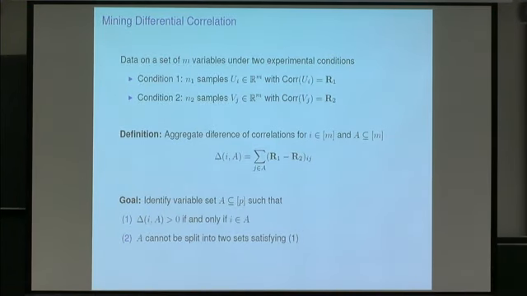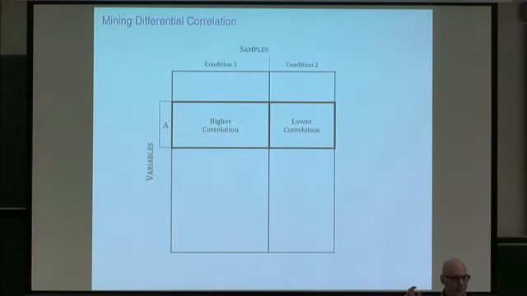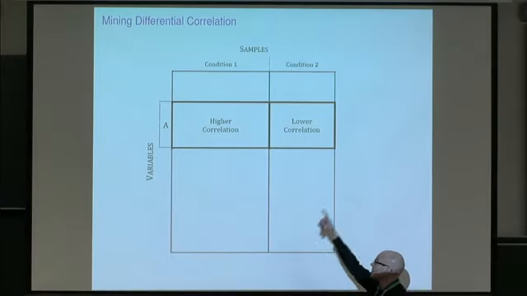So here's the problem. Maybe it's better to show the picture first. Basically, I've got my samples organized along the top here, and I've got variables, which could be genes.